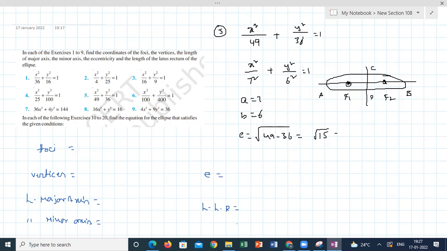Kirtana, Harshida, anyone? Raghav? Please, anyone can give the answers? Guys, please respond. Yes, sir. Yeah, please. What is the focus?